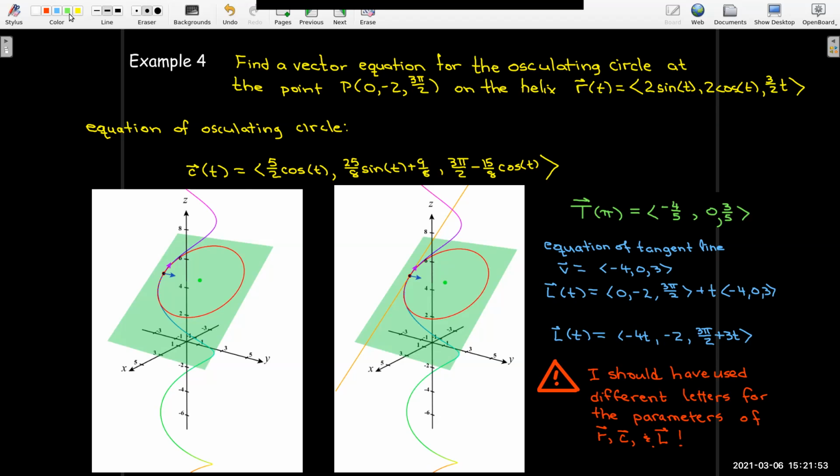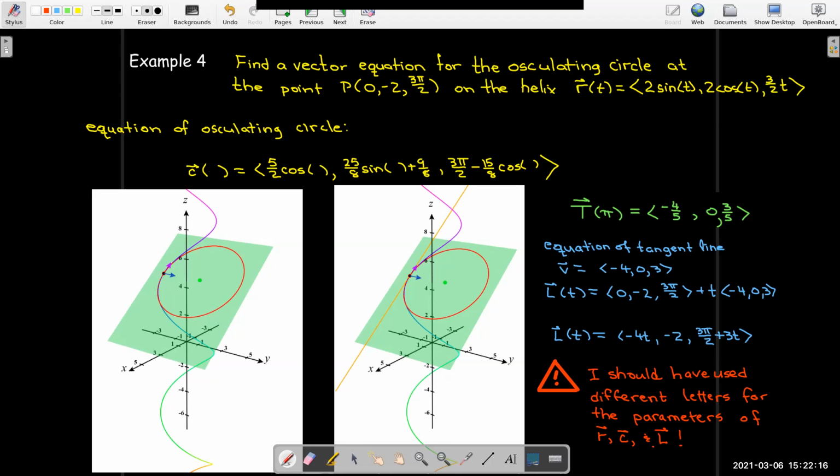So, let me just do a little erase here to emphasize that, because if we ever wanted to compare these curves, then we should recognize that they depend on different parameters.